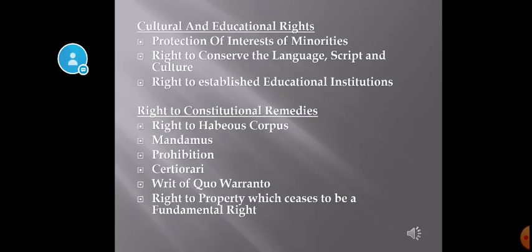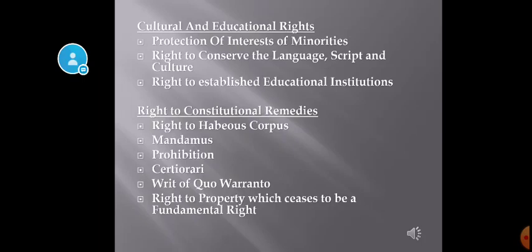The second writ is mandamus. The Latin term mandamus means we command. The purpose of the writ is to compel an inferior court or an individual to perform their duties. This power has to be exercised only for the enforcement of the fundamental rights.